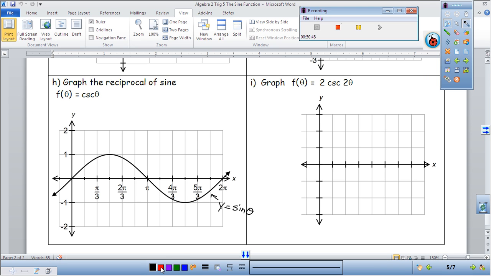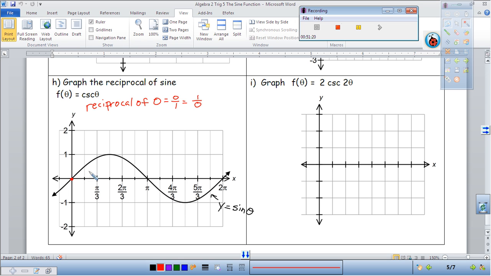Okay? So we're going to start here at 0. The reciprocal of 0 equals 0 over 1. The reciprocal of it is 1 over 0. Anyone know what that is? 1 over 0 is?